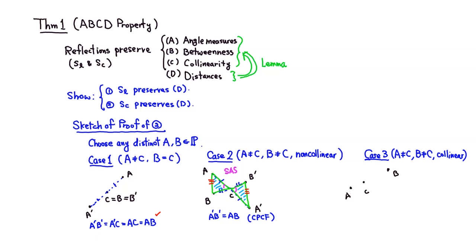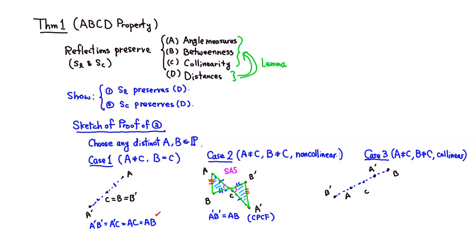Then we construct A prime. You go here, so A prime is probably around here. And for B prime, it's a little hard to see, but you go this way the same amount, so you have a B prime.